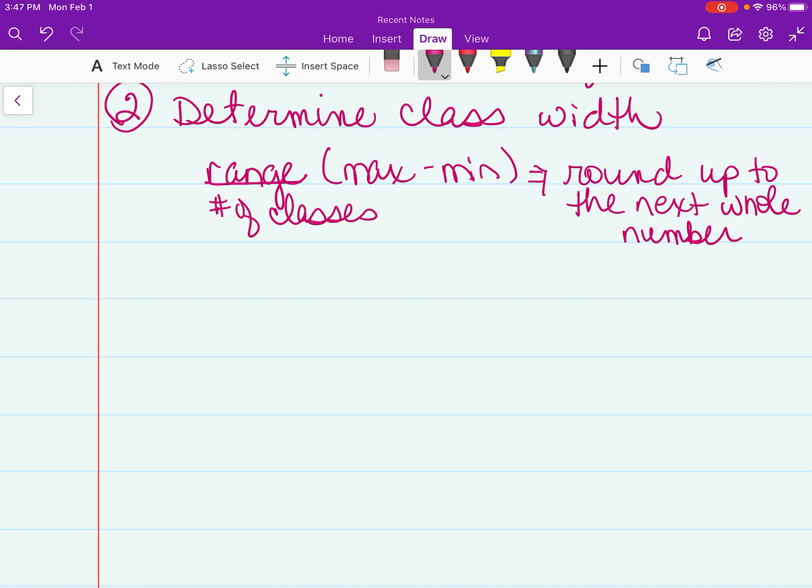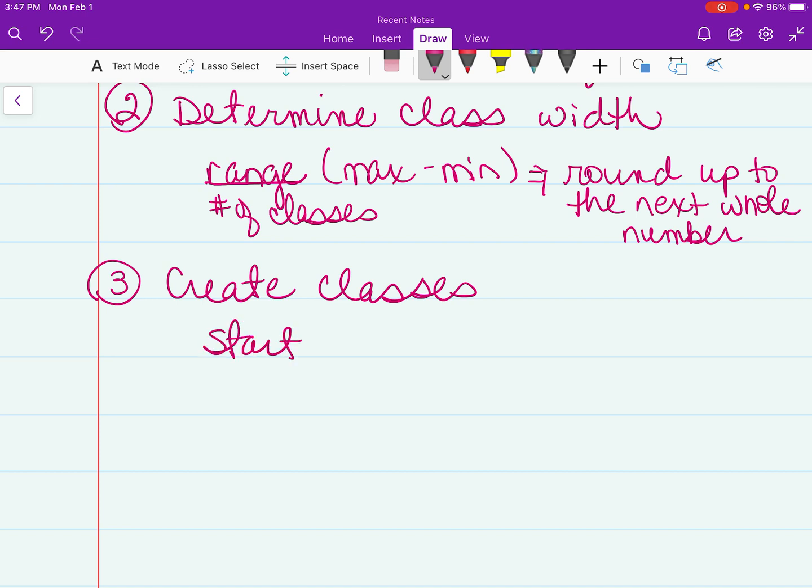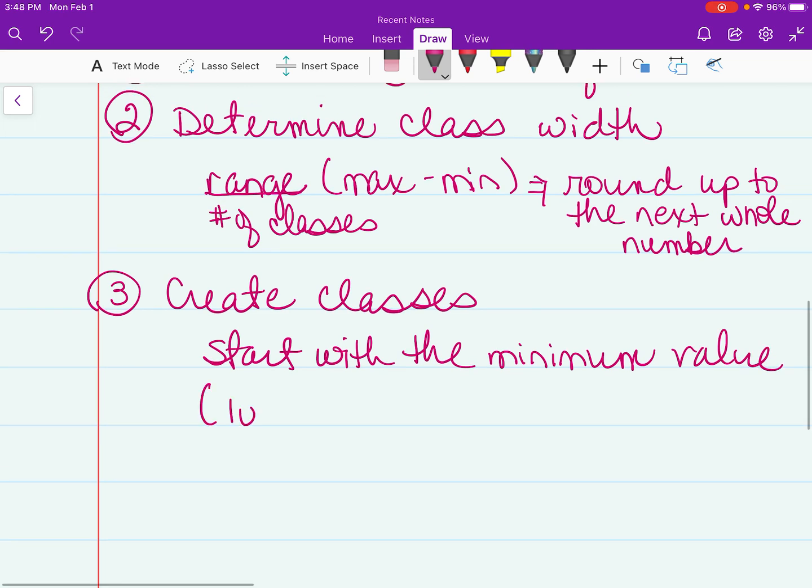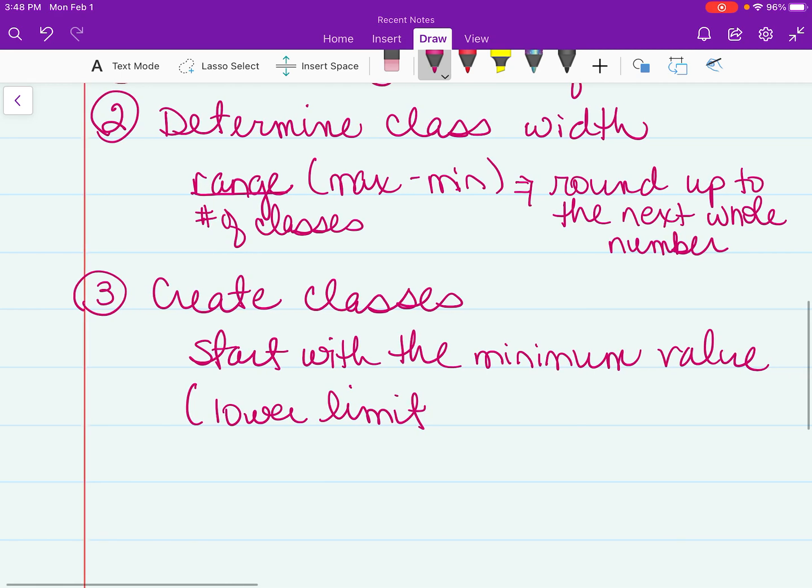So once you've determined the class width, the next thing that you'll need to do is to actually create your classes. You're going to start with the minimum value. And this will be the lower limit of the first class.